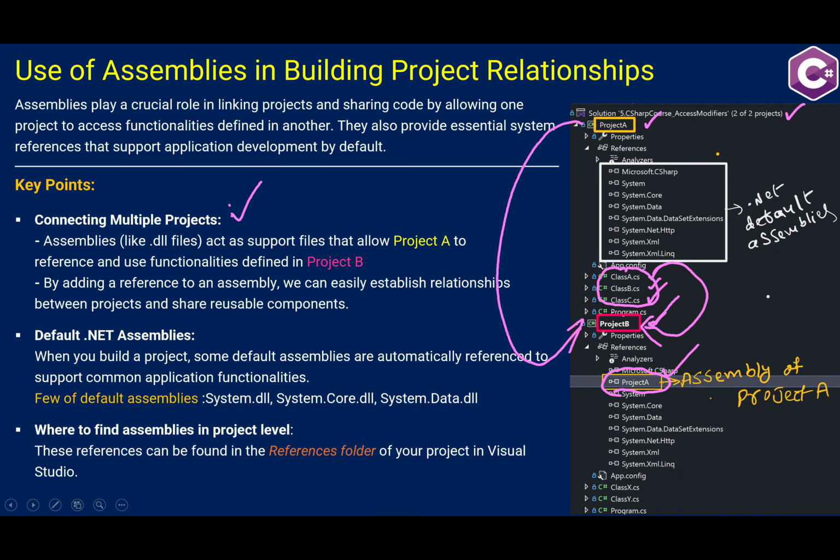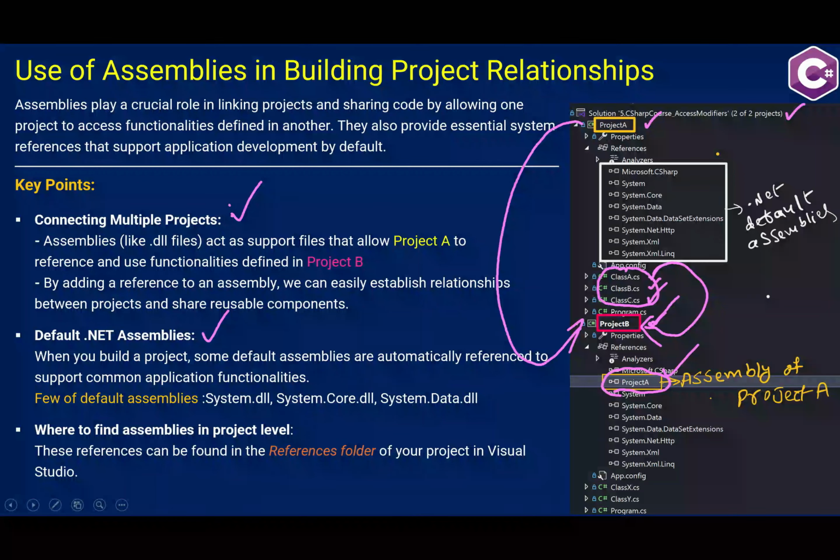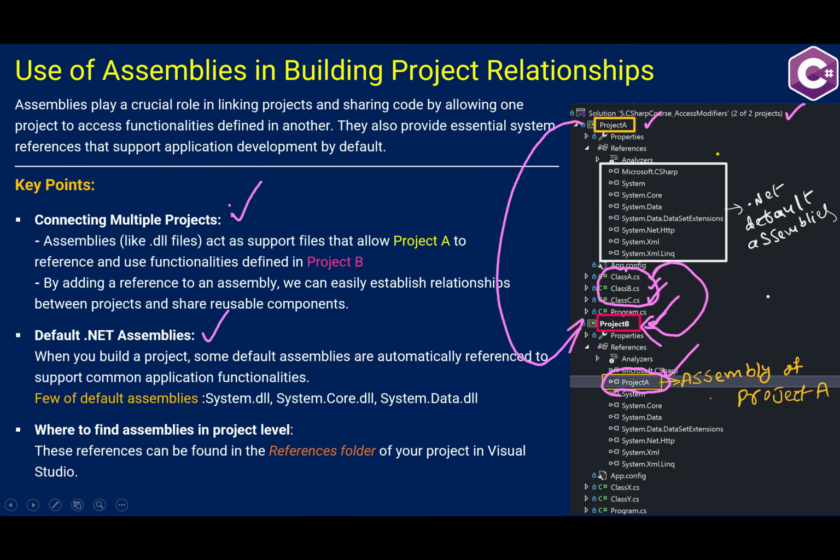As for default .NET assemblies, when you build a project, some default assemblies are automatically referenced to support common application functionalities. For example, the system.dll file and system.core file. These are the default .NET assemblies whenever you create a project.